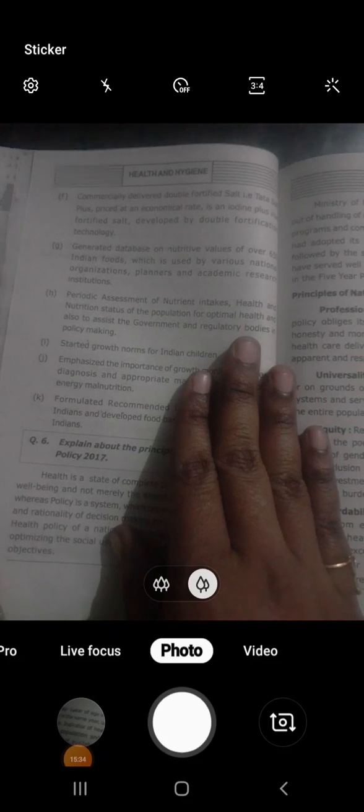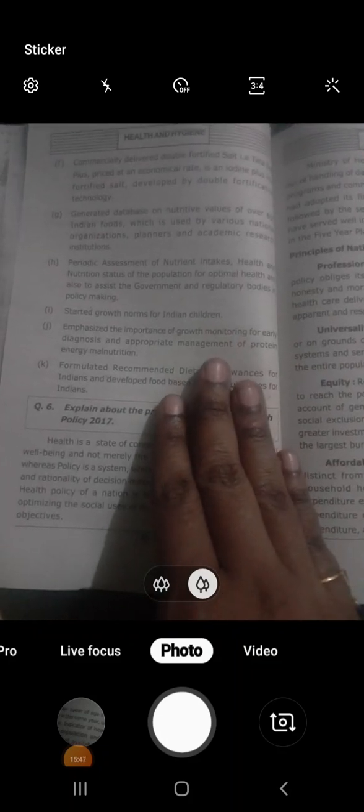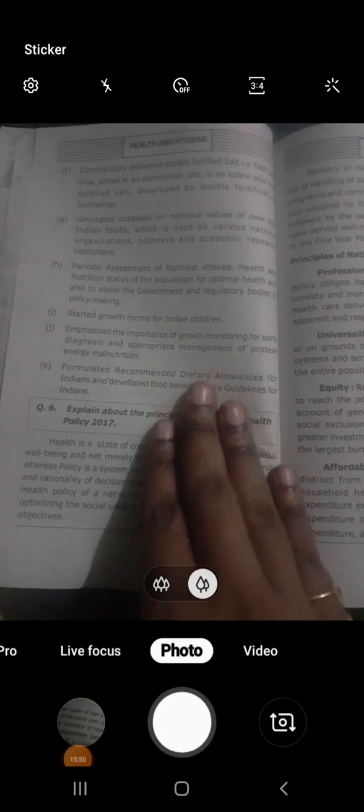Then we have a database on nutritional values of over 650 Indian foods, periodic assessment of nutrient intakes, growth norms for Indian children, emphasis on the importance of growth, and formulated recommended dietary allowances. So these are the activities in NIN.